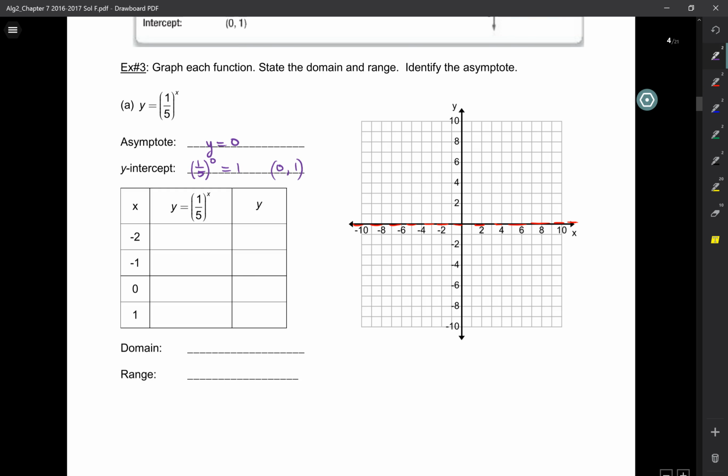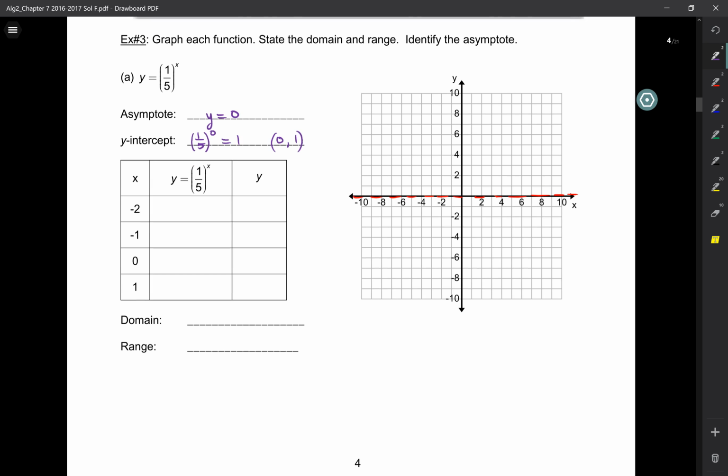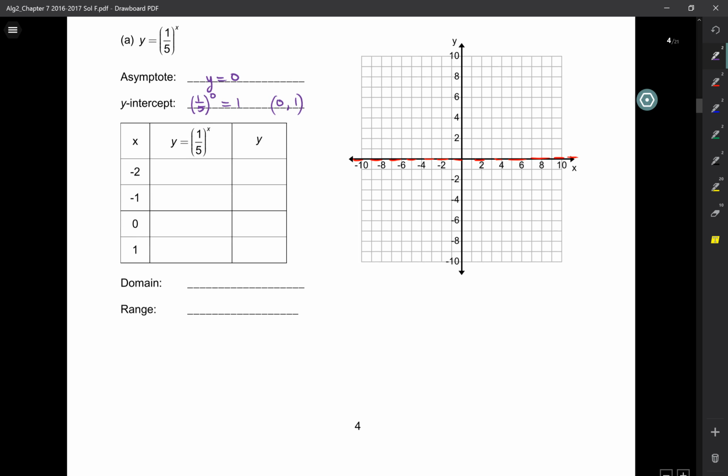All right? Now, when it's decay, rather than choosing -1 to 2, I like to choose -2 to 1. Again, this is just a matter of preference. Over the years, I've seen that these numbers just give you more manageable values for y. Is it set in stone? No. All right? So 1 over 5 to the power of -2 will be what?